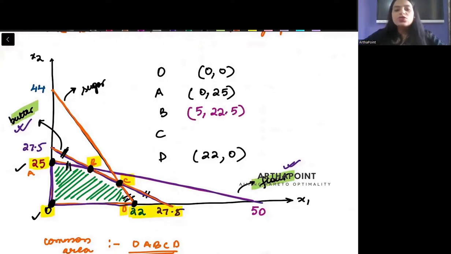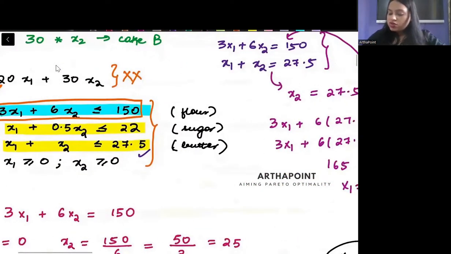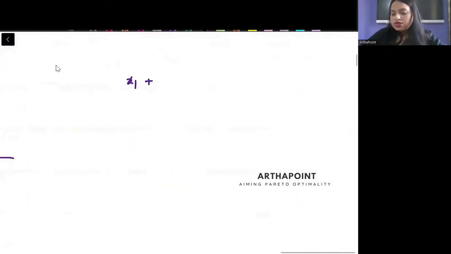Now I need to look into the constraint at C. So if I look into C, what do I see? I am seeing that I have the sugar constraint, and the other constraint that is meeting is the butter constraint. So at point C, there are two constraints which are intersecting. One is the sugar constraint and one is the butter constraint. So I need to solve these two equations simultaneously. My sugar constraint is x1 plus 0.5 x2 is equal to 22.